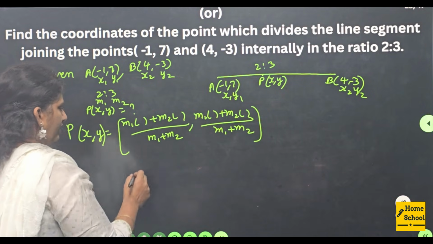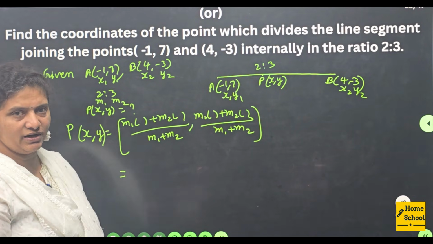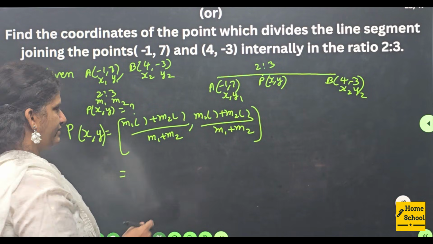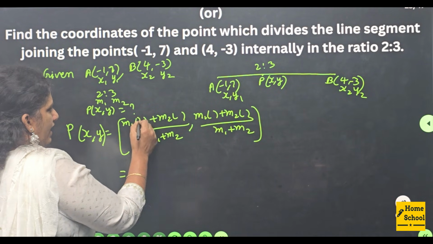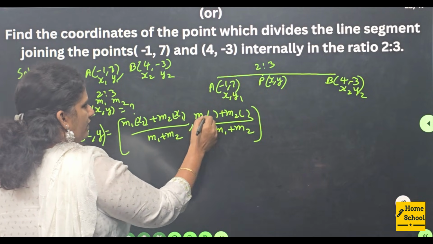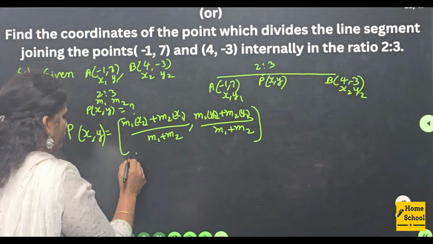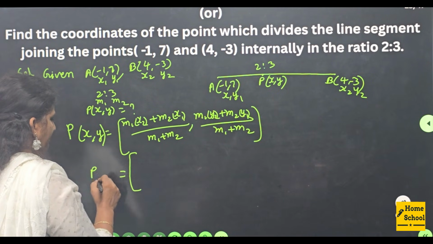See how I am writing? Like that only you write, children. It becomes very easy. No confusion with the numbers or the signs. Now here x2, x1, y2, y1. That's it. Substitute all the values.